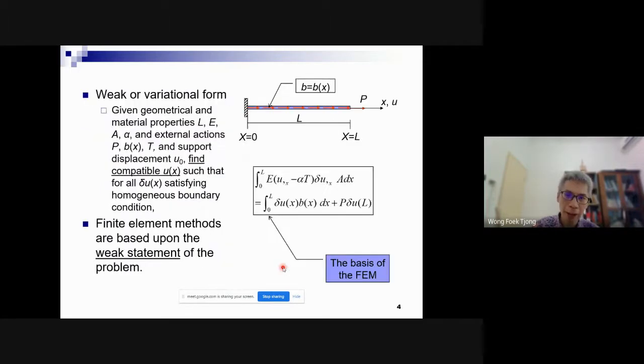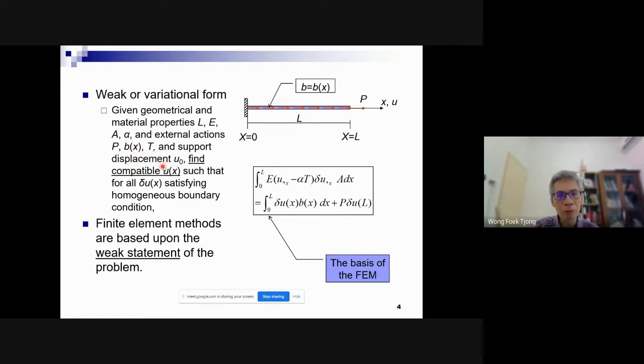Alternatively, we can also state the problems in weak or variational form. So the same data, it means geometrical and material data, and then also the loading data or external actions, okay, consists of loading and temperature change.